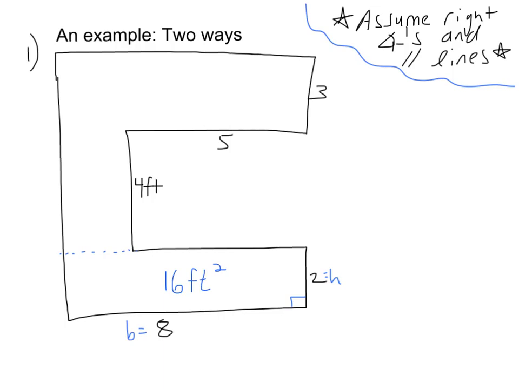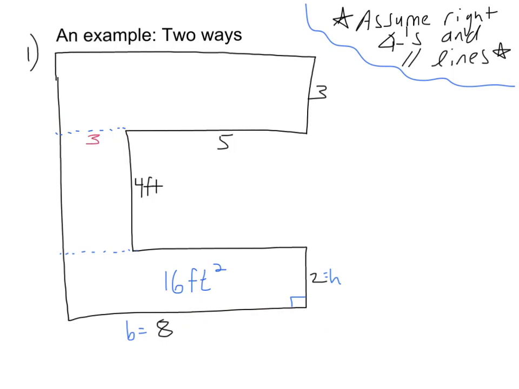Now, let's look at the second portion. Well, here you're going to start experiencing some area arguments. If this entire length is 8 and this is 5, this little piece plus 5 must make 8, so that little portion must be a 3.